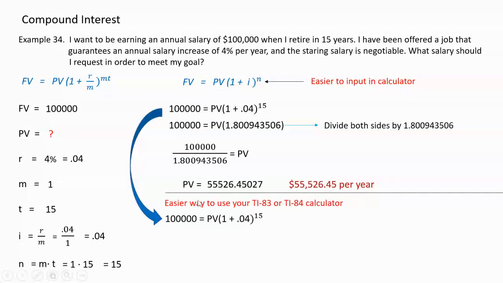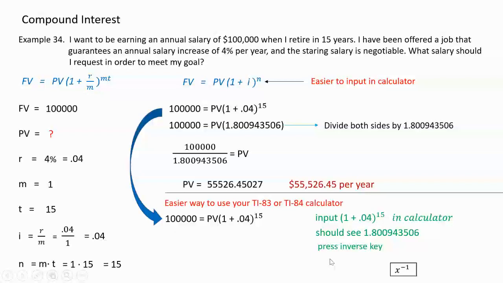From now on, guys, I'm going to show you this way. You can input in the calculator, parentheses 1 plus 0.04, close parentheses, to the 15th power. You should see 1.800943506 in the calculator. Then we're going to get the inverse key.